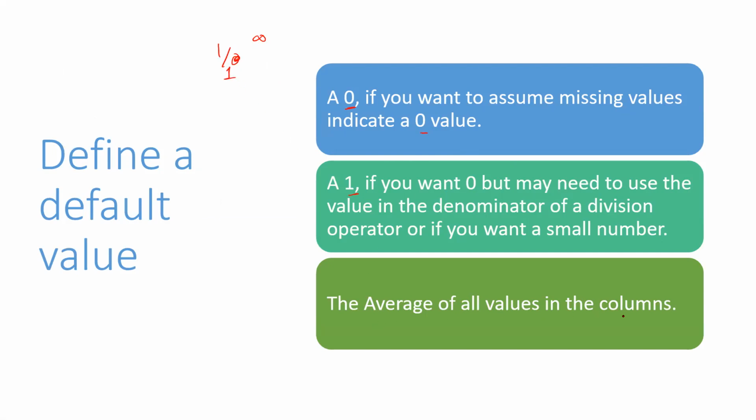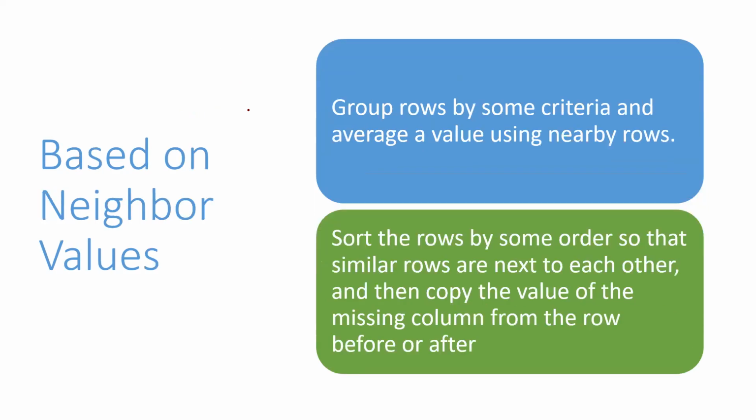Another option is the average of all values in the column. We can even use the average based on neighboring values. We can also group by a certain field, and impute values by grouping data, doing aggregation, or by sorting the rows.